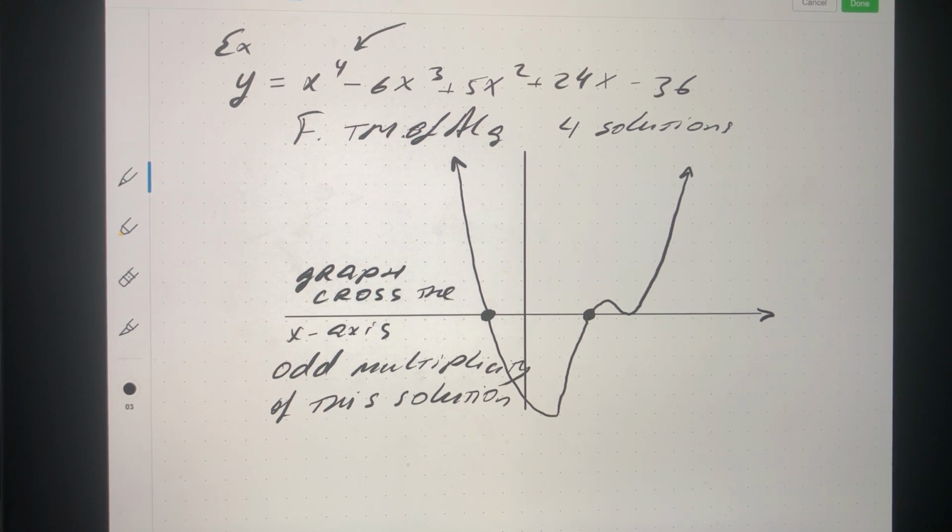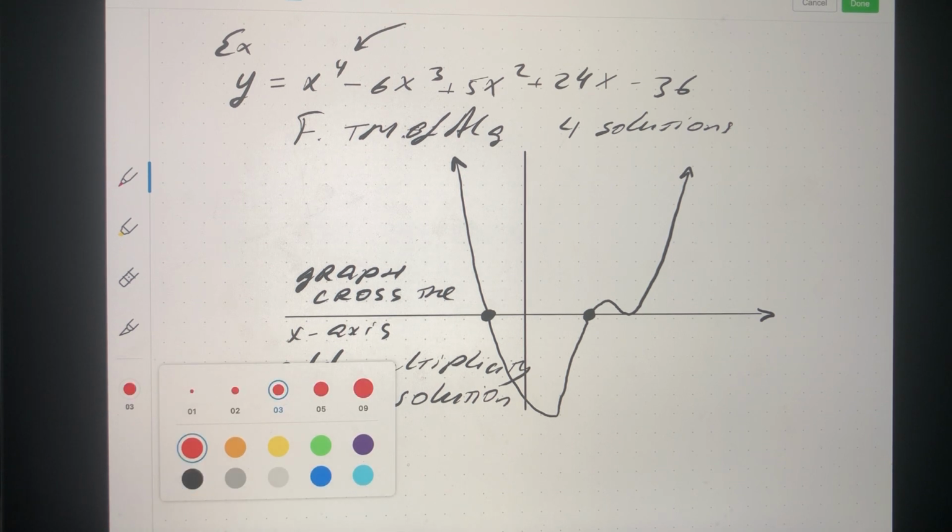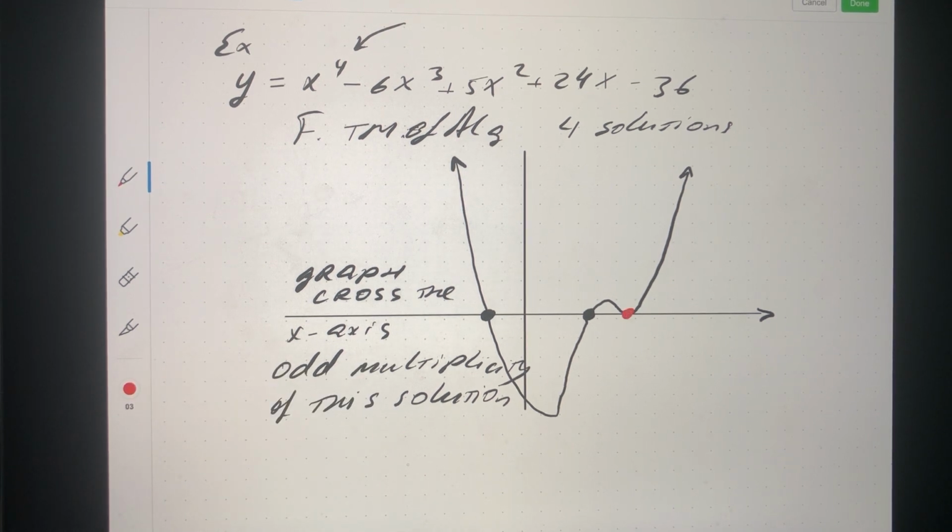But if the graph bounces off the x-axis, like here, then we have even multiplicity of solution.